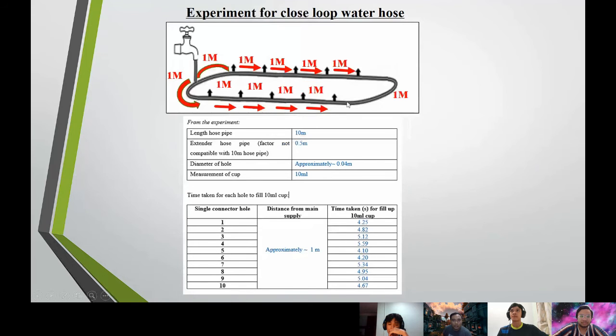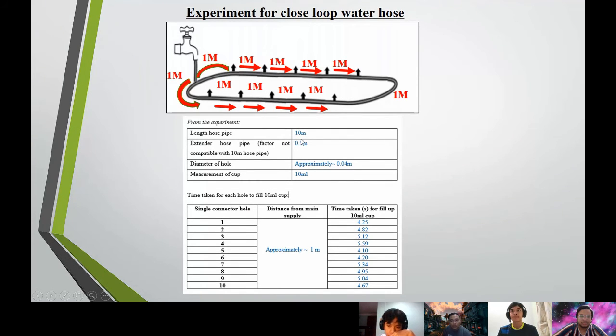Okay, now we can see the experiment for the closed loop water hose. For this type of fertigation, we use the same length of hose pipe, which is 10 meters, and we use the extender hose pipe, which is 0.5 millimeter.